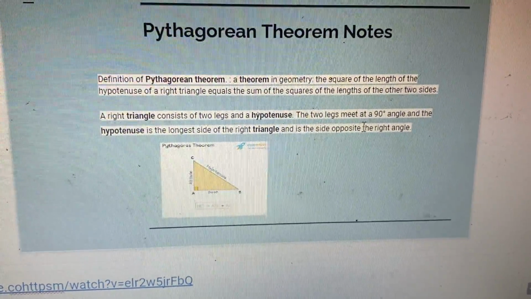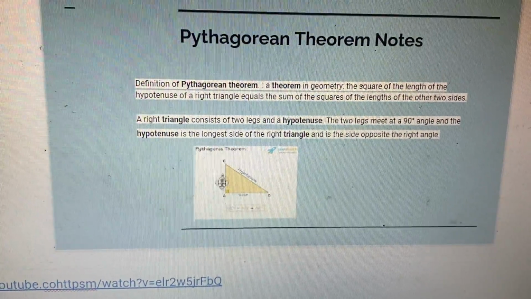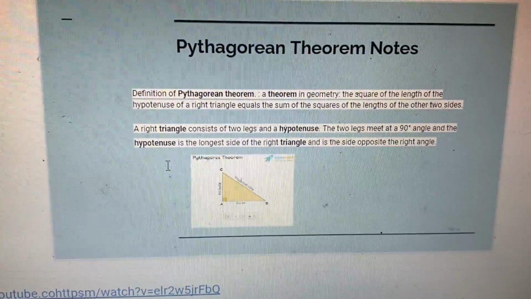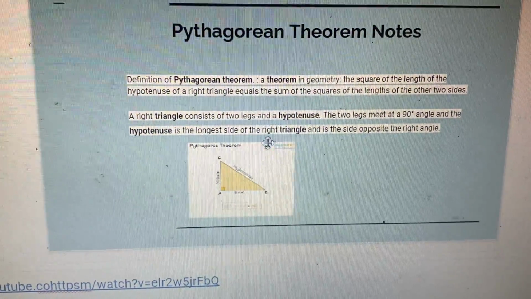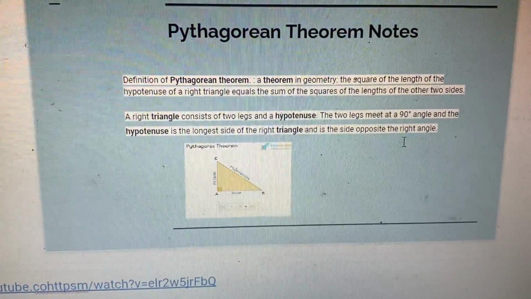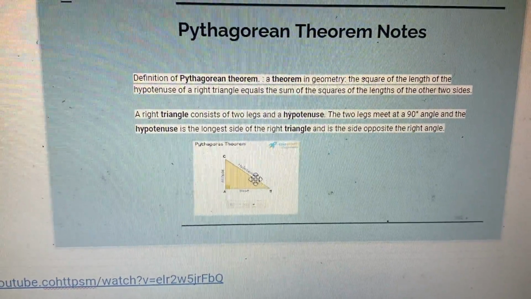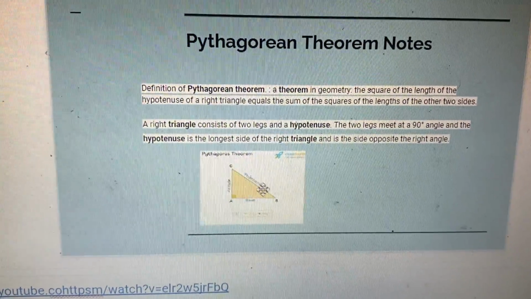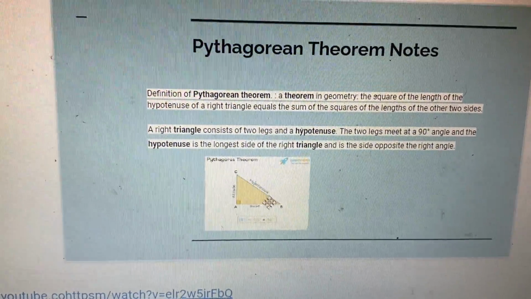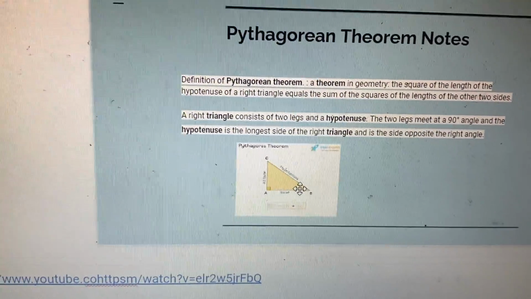The two legs meet at 90 degrees, and here are the two legs that meet at 90 degrees. The hypotenuse is the longest side of the right triangle, and it's the side opposite the right angle. This is the part of the triangle in the Pythagorean theorem where we need to find the unknown side.